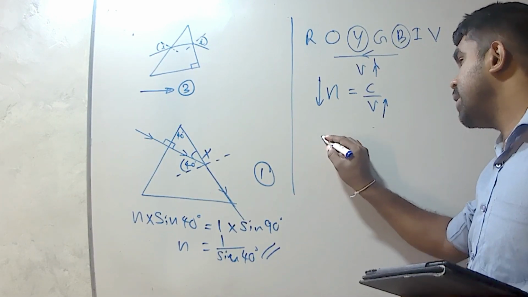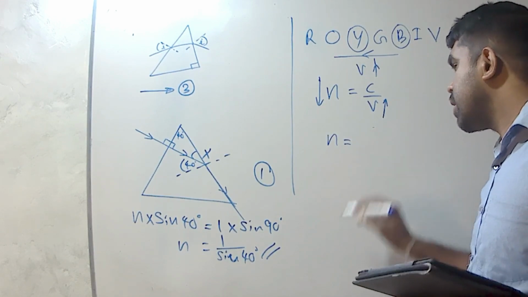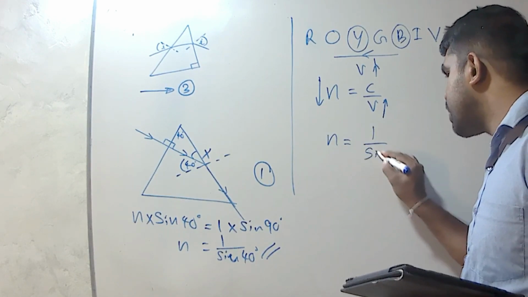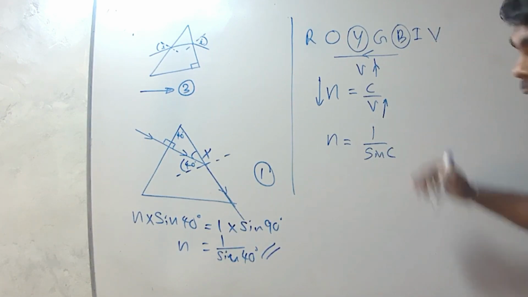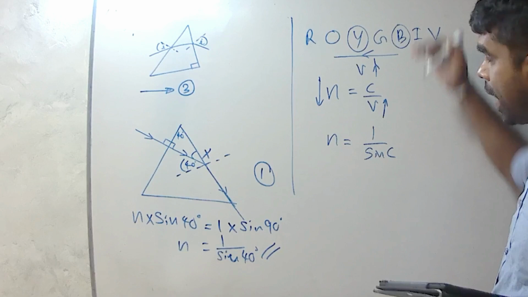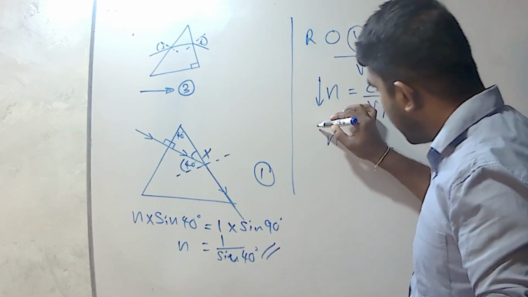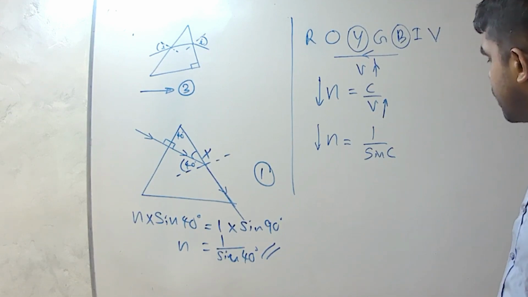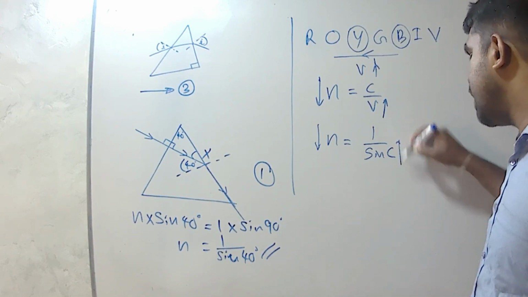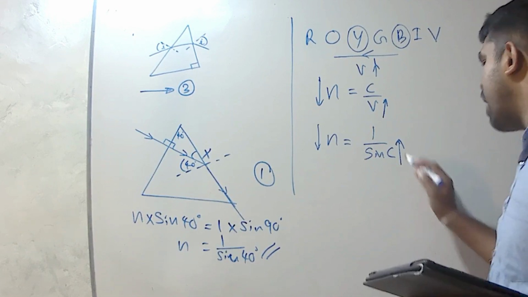And we know that n equals 1 over sin C. C means critical angle relative to air medium. When n value is decreasing, sin C increases. Therefore, C value increases.